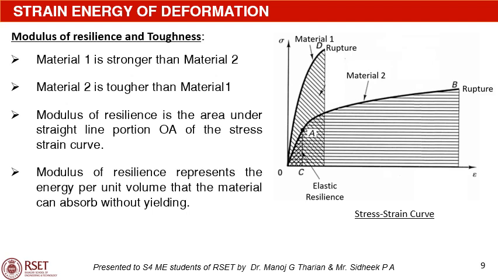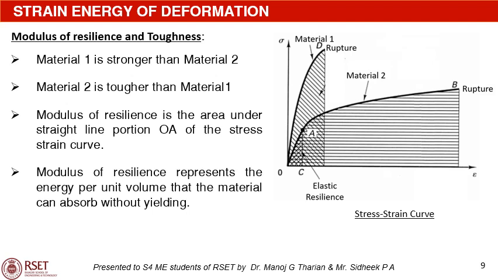Now, we have already seen that the area under the stress strain curve gives the strain energy density or the strain energy stored per unit volume. So as we can see from the figure, the strain energy stored per unit volume for material 2 is greater than that of material 1. This means material 2 is tougher than material 1.